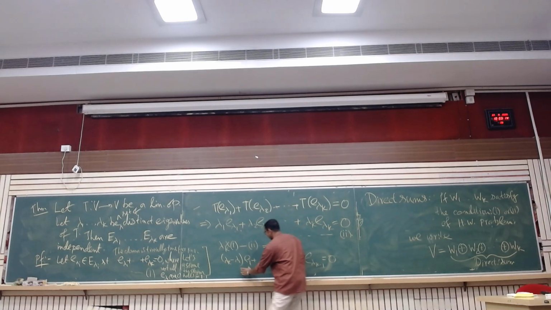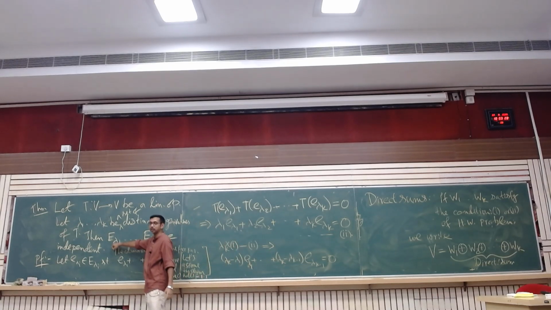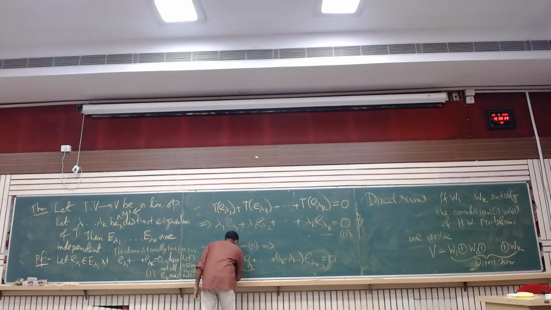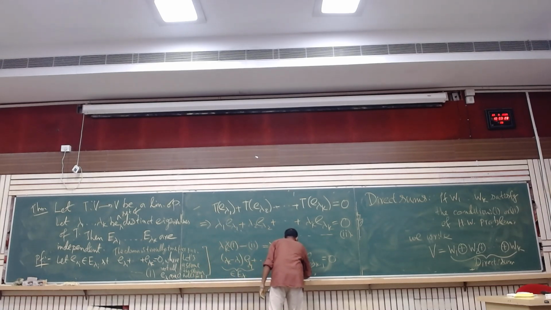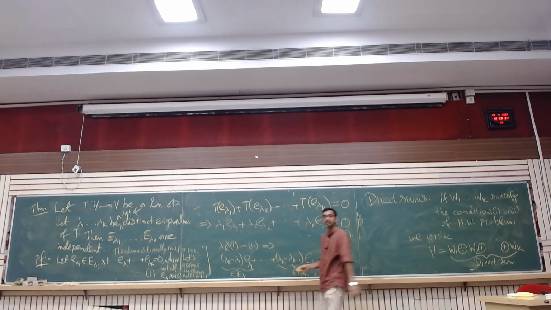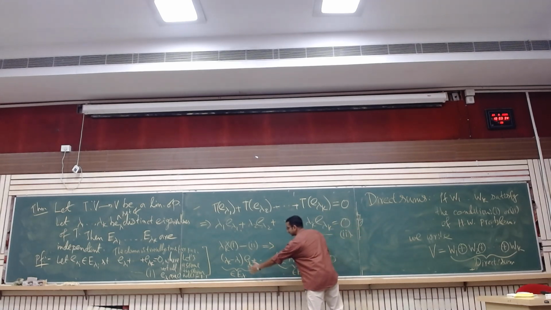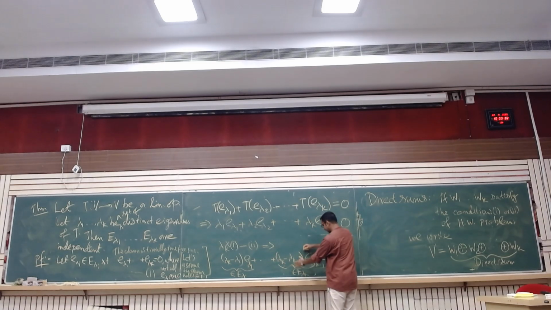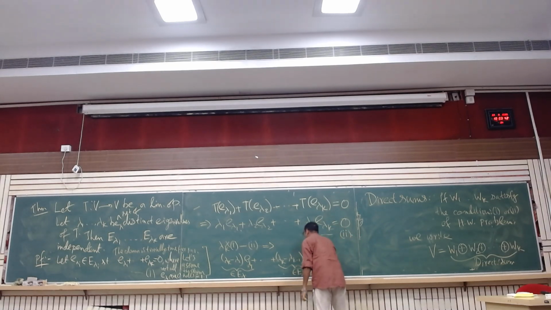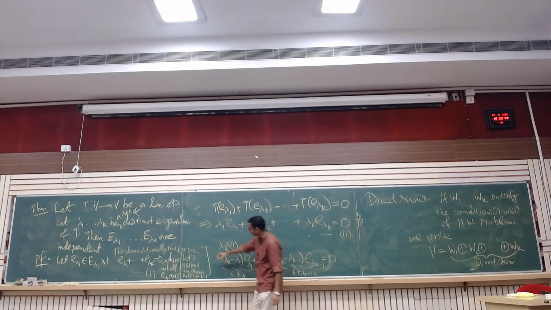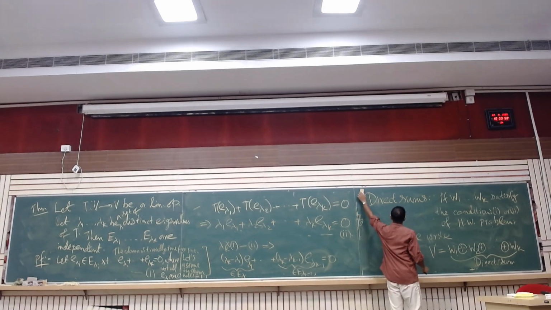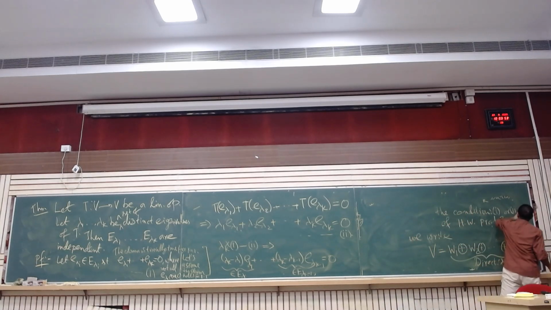Note that this is just a multiple of E lambda 1, which was an element of the space E lambda 1, so this entire term is inside E lambda 1, and so on. So you have a relation among elements of E lambda 1 to E lambda k minus 1 such that their sum is equal to 0. By the induction hypothesis, the claim is true for k minus 1, so each of the individual components is equal to 0.